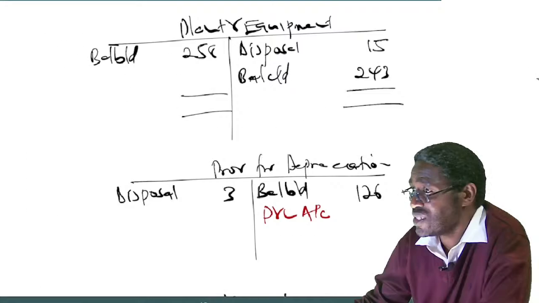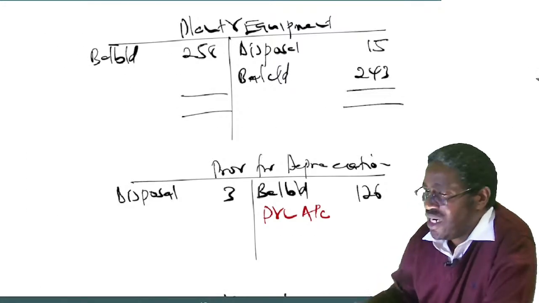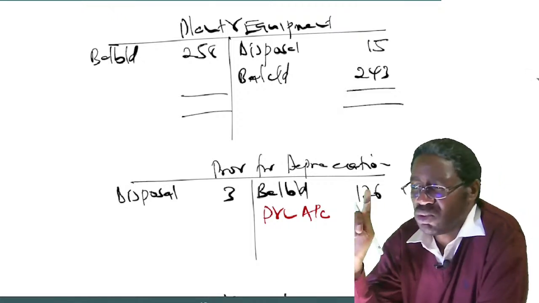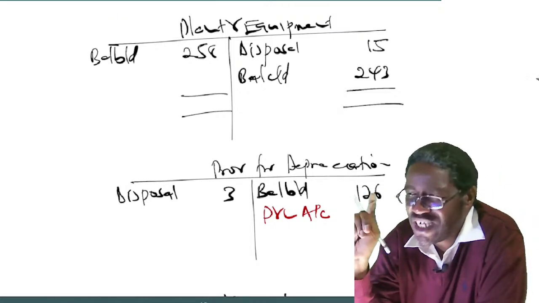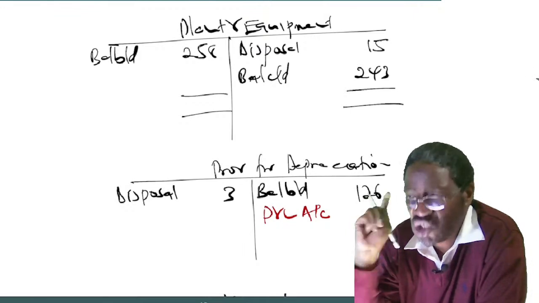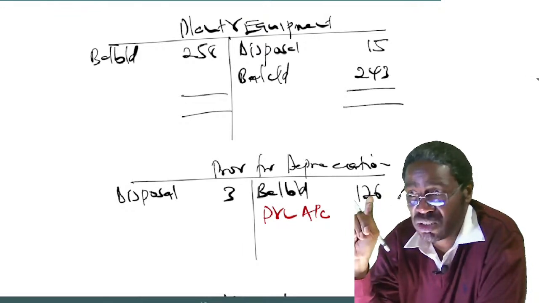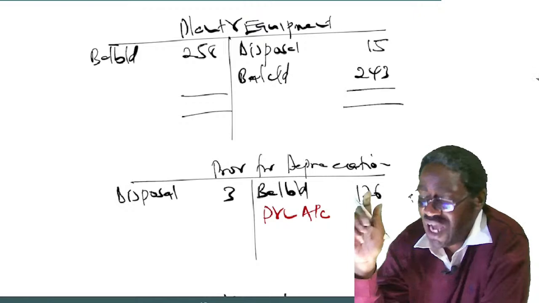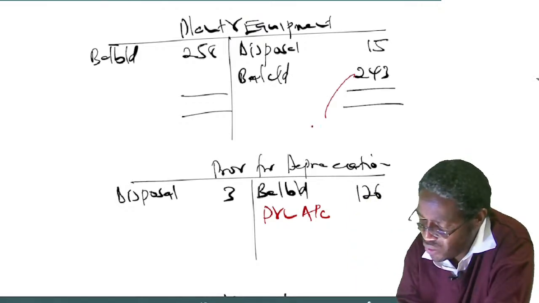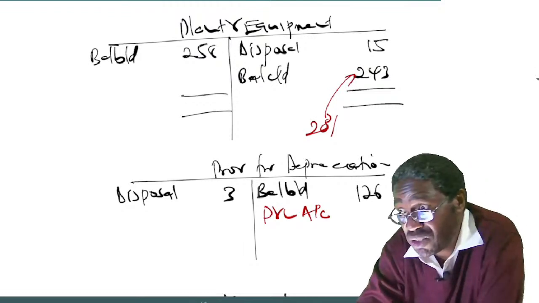If they had told you 20% on cost, then I would have just taken 20% of that 243. I hope you are following.